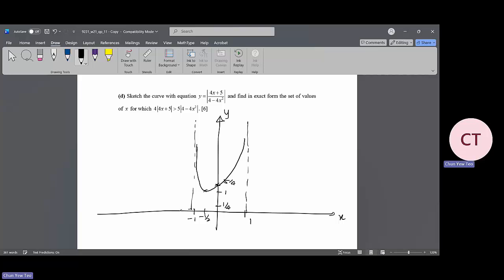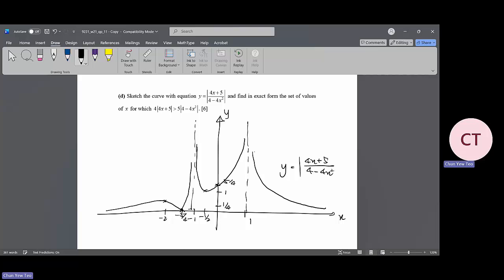Then this is a negative 5 over 4. That is a negative 2. Reflect, goes up. This one goes up like this. Okay, so this will be the graph for y equal to the modulus of 4x plus 5 over 4 minus 4x squared.